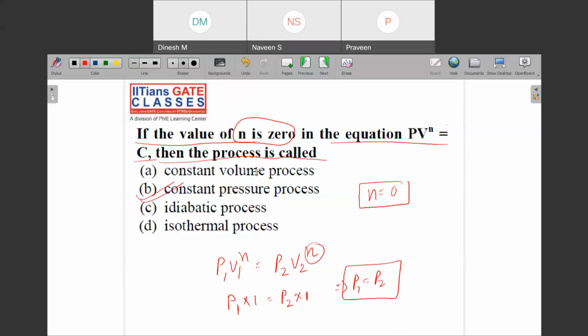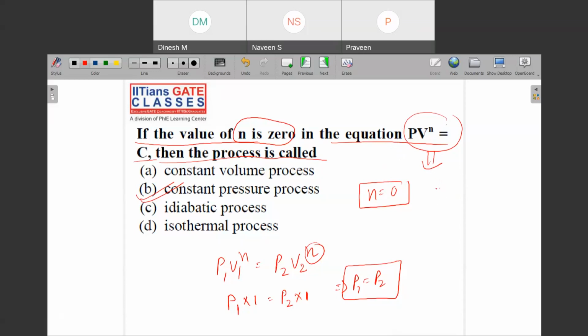See, whenever you are facing any question, you try to break the question from the given form to the forms which you have seen. If you are able to break the given data, then you will automatically lead to the correct answer, right? So how did we recognize the process? Looking at the pressure, temperature and volume.